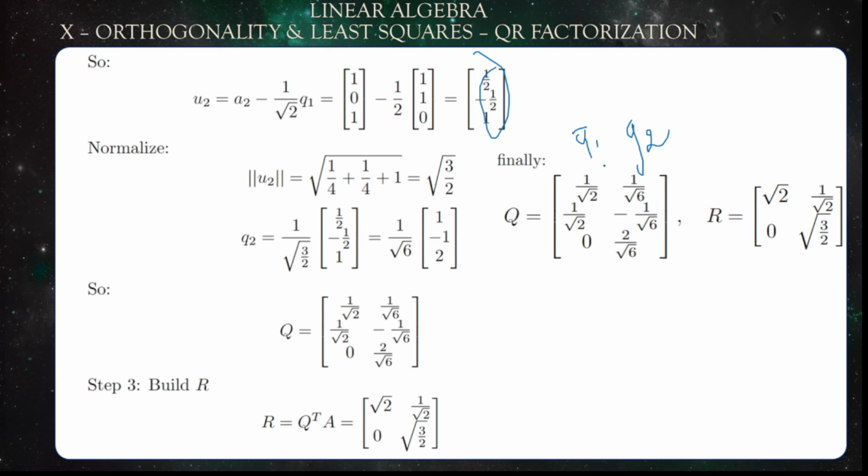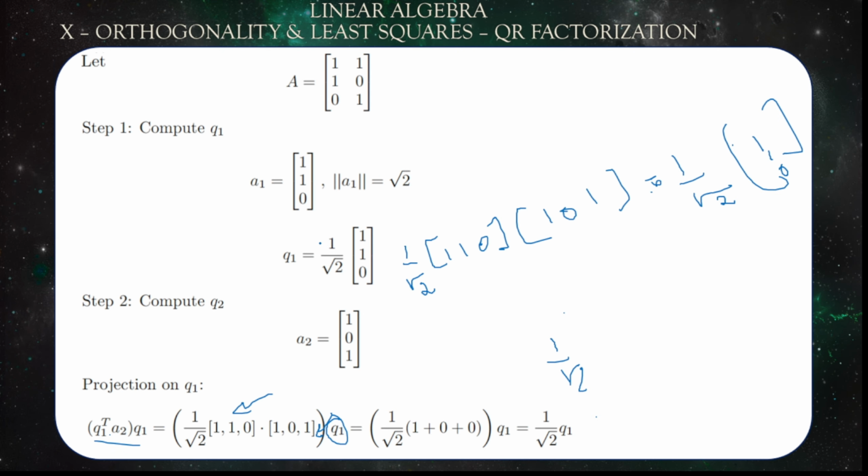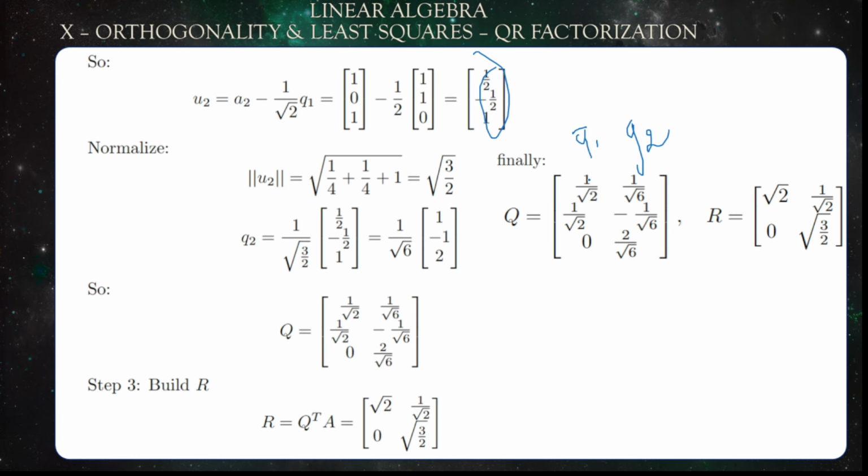I understand it's hard to memorize them, so you need to practice. Q1 is 1 divided by the square root of 2, then 1 divided by the square root of 2, and finally 0.